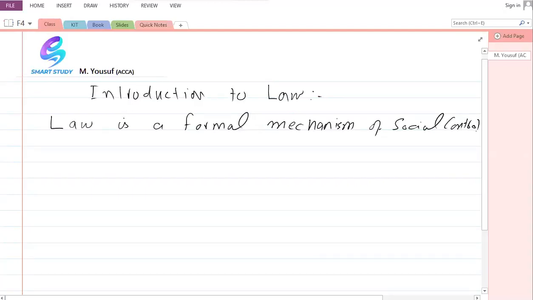Many authors have defined law very differently. There are many definitions available in industry and in the market. The simplest definition is that law is a formal mechanism of social control.